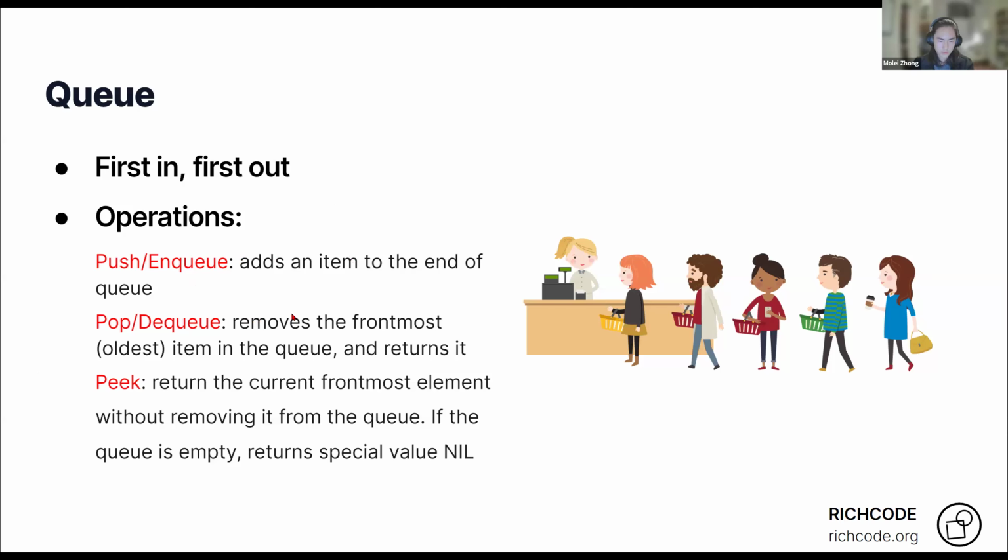Push just adds an item onto the end of the queue. Pop removes the frontmost or oldest item in the queue and returns it. Sorry, this isn't written here, but if there's nothing in the queue, then it returns a special value of nil. And then finally, peek just returns the frontmost element without removing it.